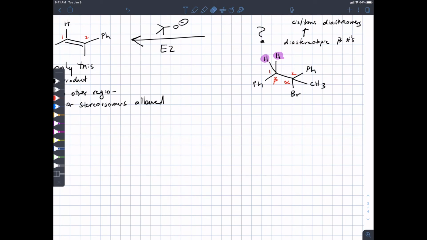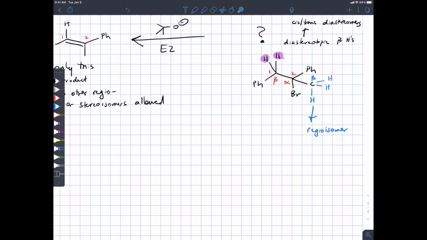Ah, beware the phantom methyl group beta protons. Yes, there they are. We have another beta carbon. And so if we eliminated these, that would give us a regioisomer with a double bond in the completely wrong spot. So that's bad connectivity.